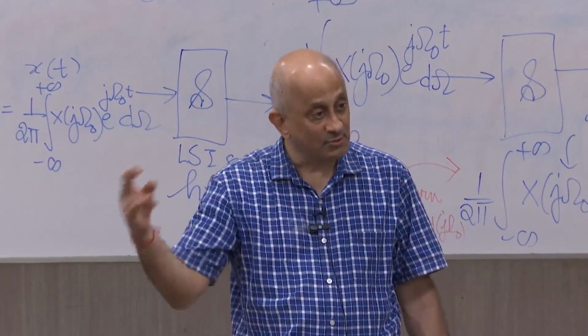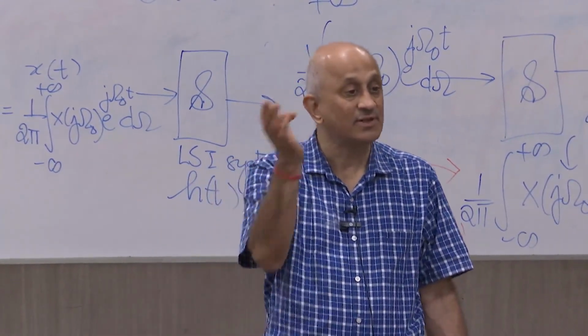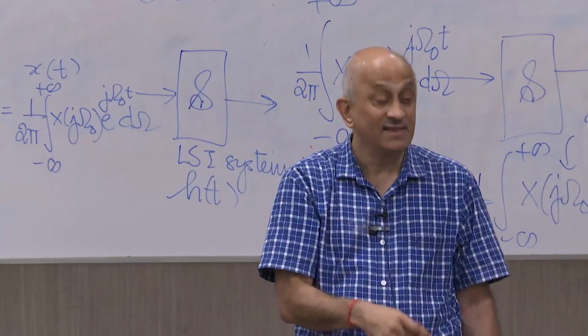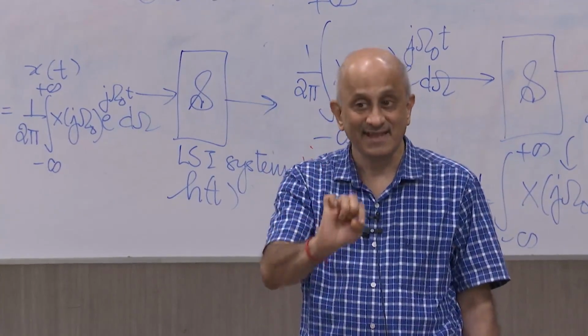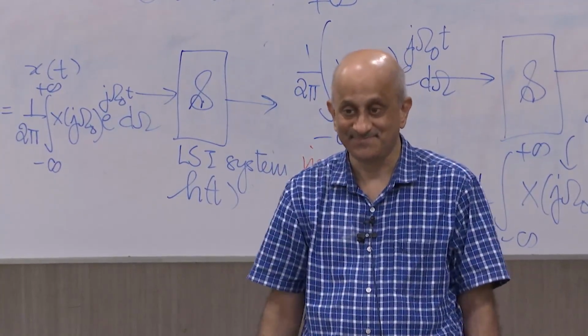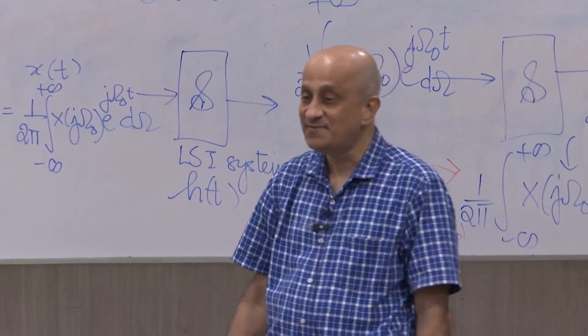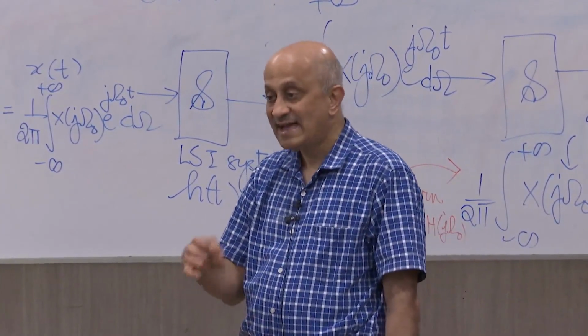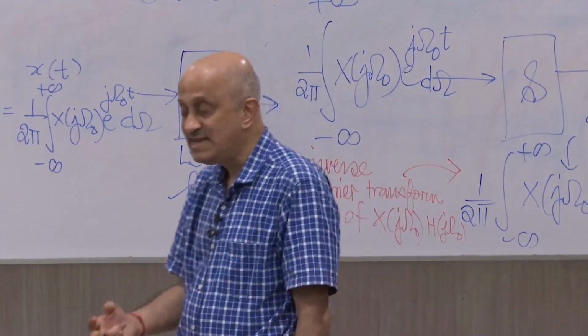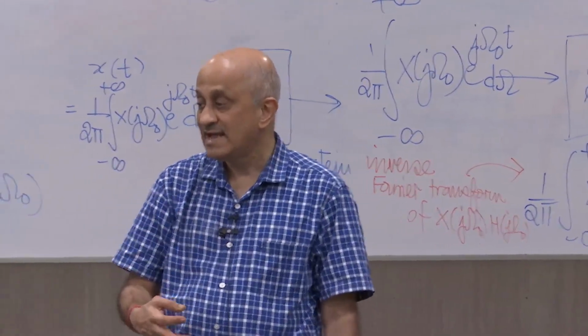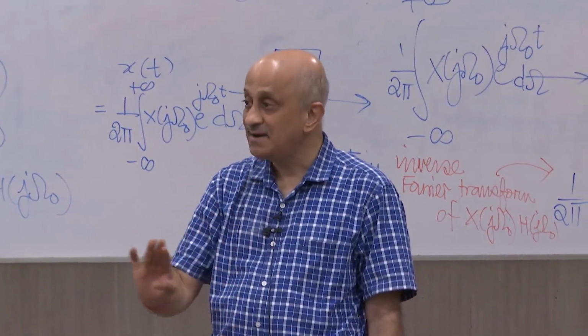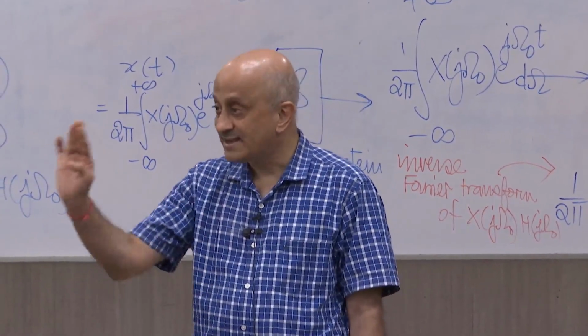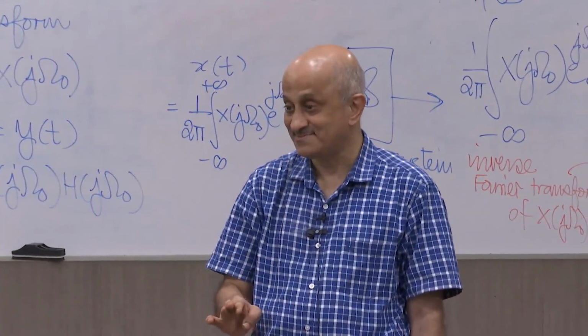Each component of the output can be calculated with the corresponding component of the input. This is another way to understand this product relationship. Each angular frequency component of the output, each phasor component of the output, can be obtained in a decoupled manner from all the other angular frequency components.